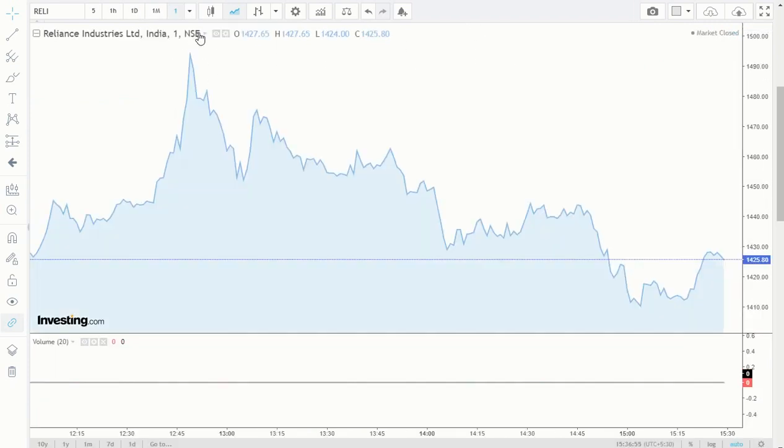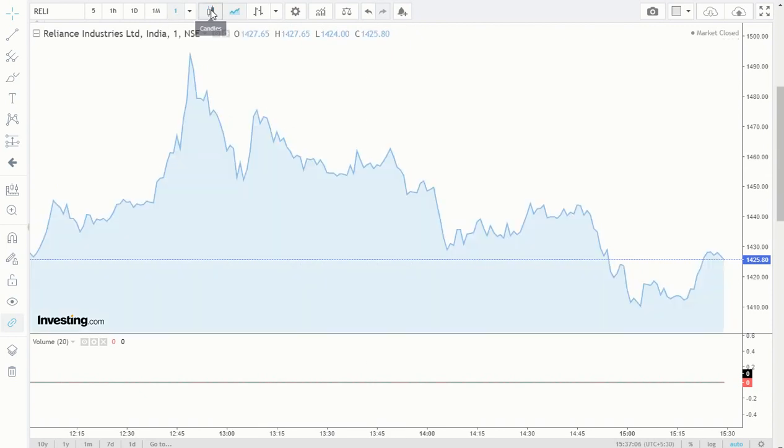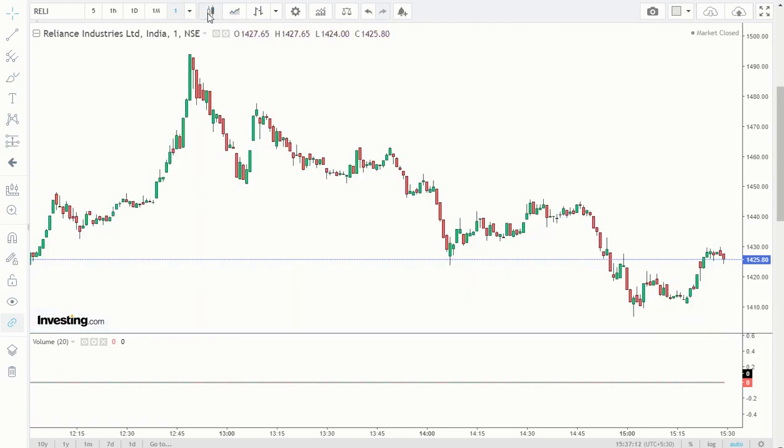So explore yourself. If you have to switch to a candlestick chart, right next to it there is a candles button. You click on it and it will get converted into a candlestick chart. Next to it is again a line chart. You see the flow of the chart remains the same, but you get additional information. I have told about this in my webinar and in my YouTube video on candlesticks, which will give you a good idea.